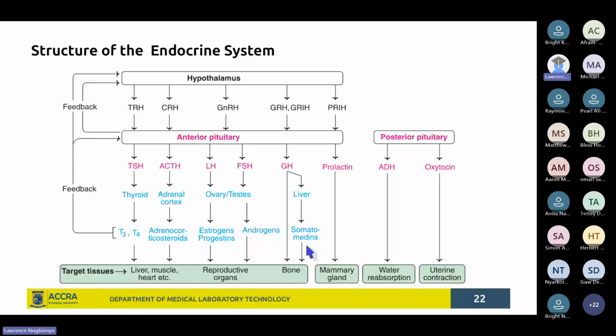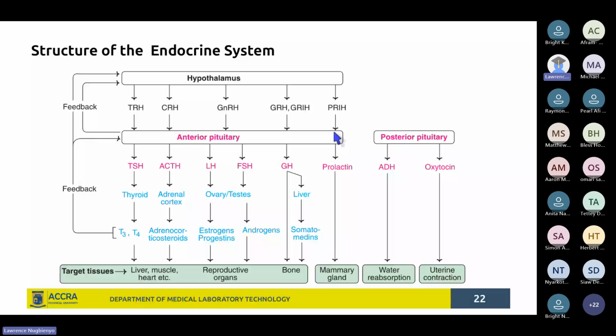Then you have the prolactin releasing inhibiting hormone. So the interesting mechanism here is that the anterior pituitary releases prolactin not under the stimulation of the hypothalamus. What I mean is, it's not the hypothalamus that stimulates the release of prolactin from the anterior pituitary.